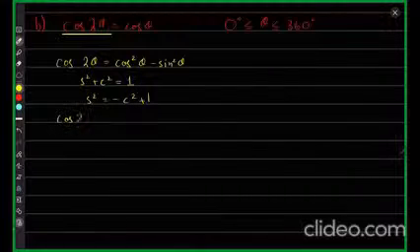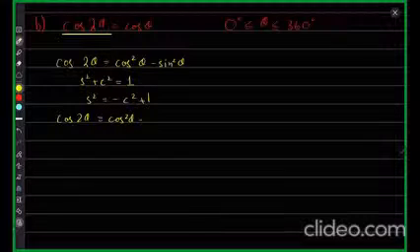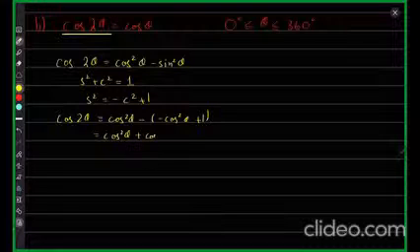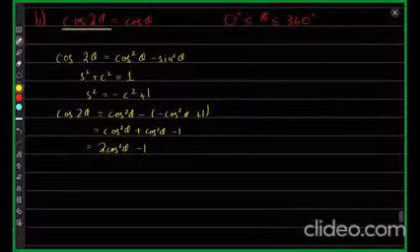So cos 2 theta can be written as cos square theta minus, and then instead of sine square, I'll write down minus cos square theta plus 1, and this would give me cos square theta plus cos square theta minus 1, and finally 2 cos square theta minus 1. So this is what I would get. So I can write down cos 2 theta as 2 cos square theta minus 1.